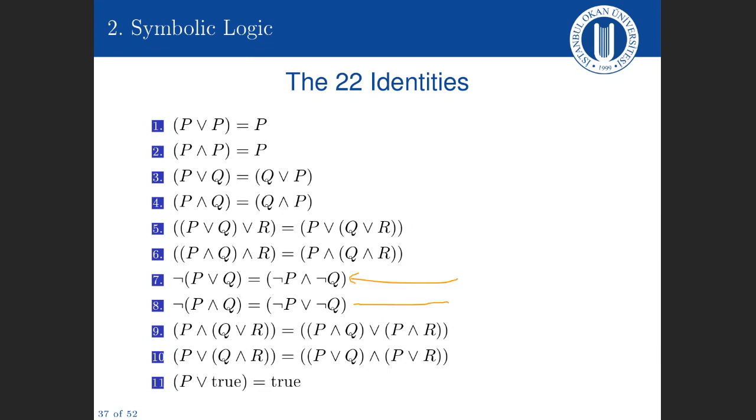If we're taking not of P or Q, we can take the not inside the bracket, but we have to change or to and. Or if we take not inside the bracket of P and Q, we can put the not on P and Q, but we have to change and to or.